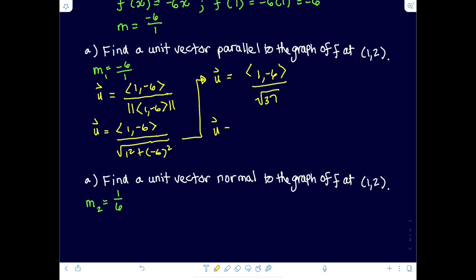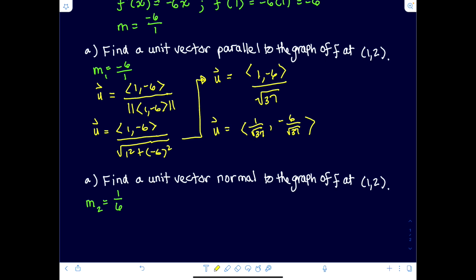So u is equal to (1 over root 37, negative 6 over root 37).